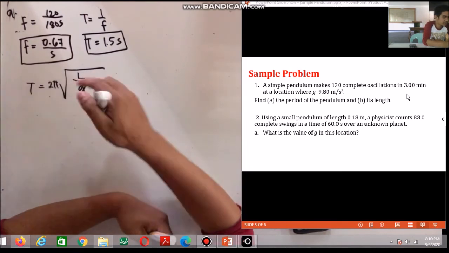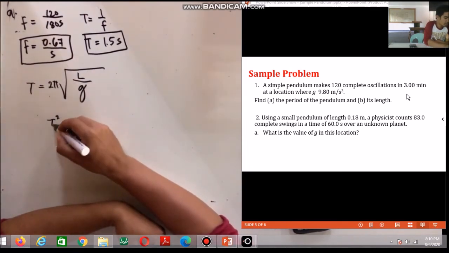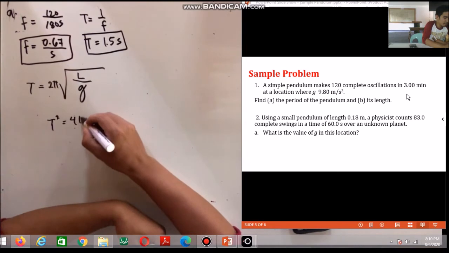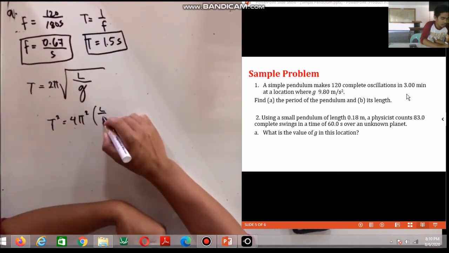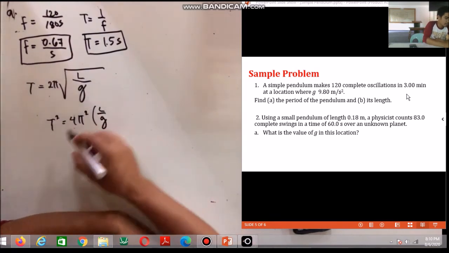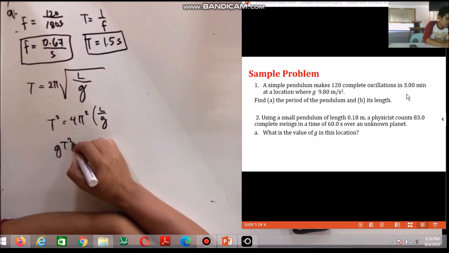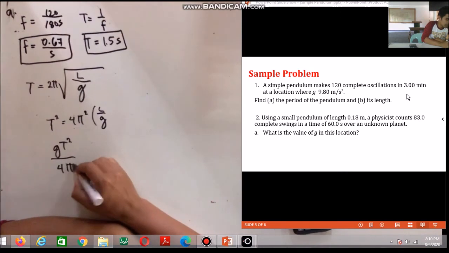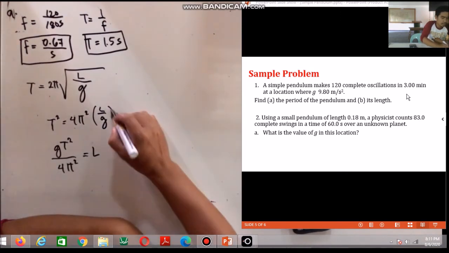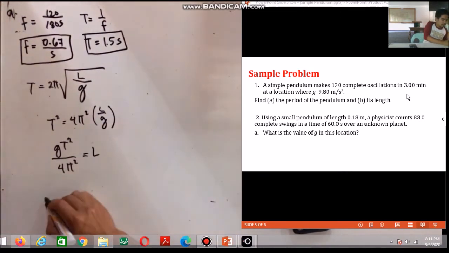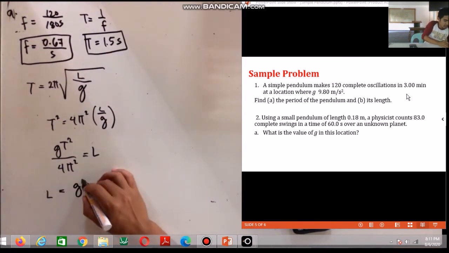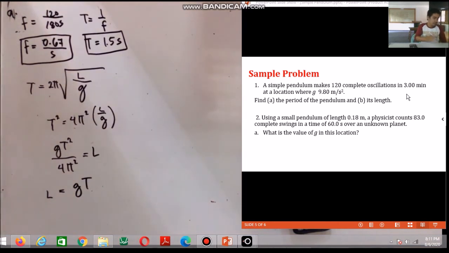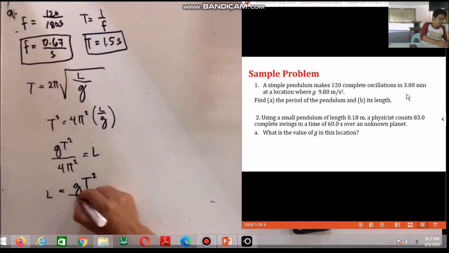We have T squared equals 4 pi squared times L over g, or g T squared over 4 pi squared is equal to L, right? Or L, the length of the simple pendulum, is g, the acceleration due to gravity, times the square of the period over 4 pi squared.